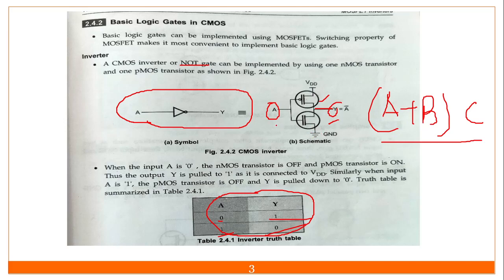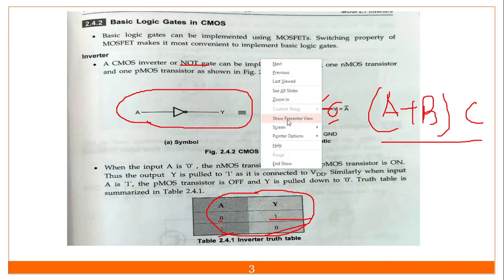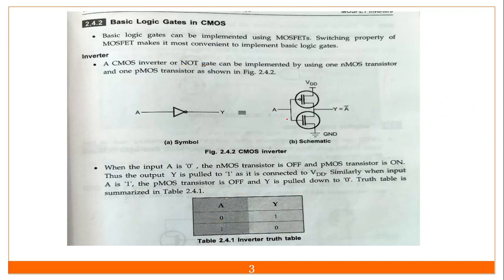If I am giving 0, then what will happen? Just a minute, I will rub the portion. If I am giving 0, then here I have 0 and here also I have 0. As we know, if 0 is connected to the PMOS, then it will act as a short circuit.